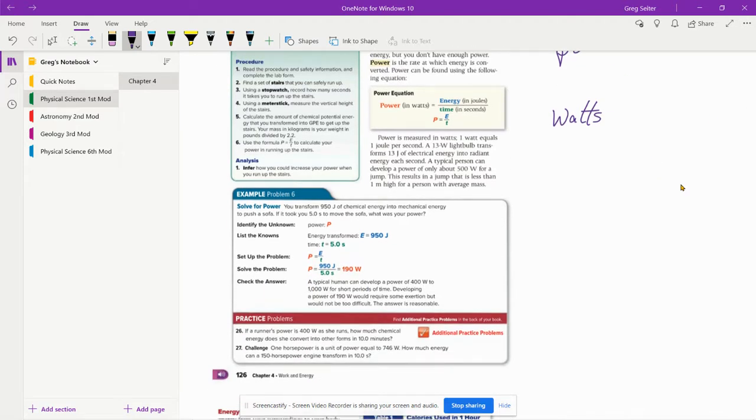Scroll down here a little bit. If a runner's power is 400 watts, P equals 400. As she runs, how much chemical energy does she convert into other forms in 10 minutes? All right, well, we would put our time here and our energy here. Time is 10 minutes.